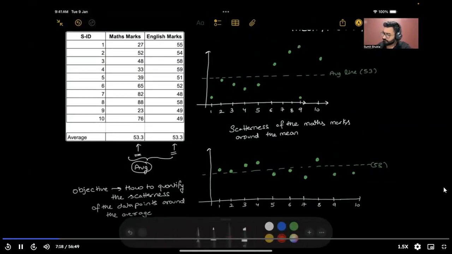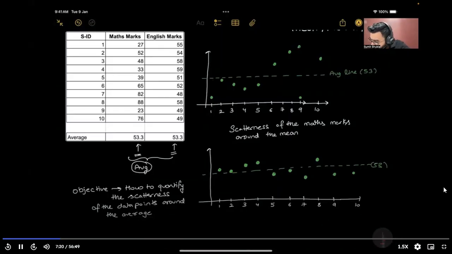Basically, I'm interested in finding out this distance, then this, then this, this, and this, this one, and this one. So can I quantify these distances? Because if I want to quantify the scatterness, I can find out these distances and then somehow take the average of them or maybe add them to get a number that defines this scatterness around the average.